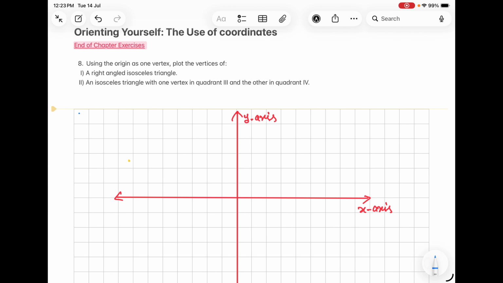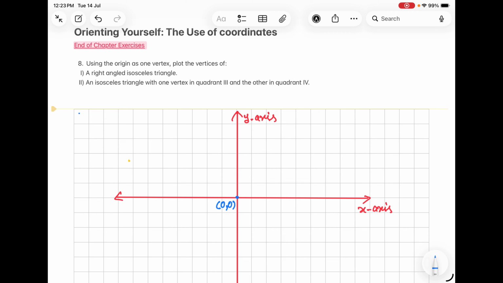Question number 8 is, using the origin as one vertex, plot the vertices of a right angle isosceles triangle. So first we take origin as one vertex. So this is the origin 0, 0. Since it's an isosceles triangle, we know that in isosceles triangle, two sides are equal.